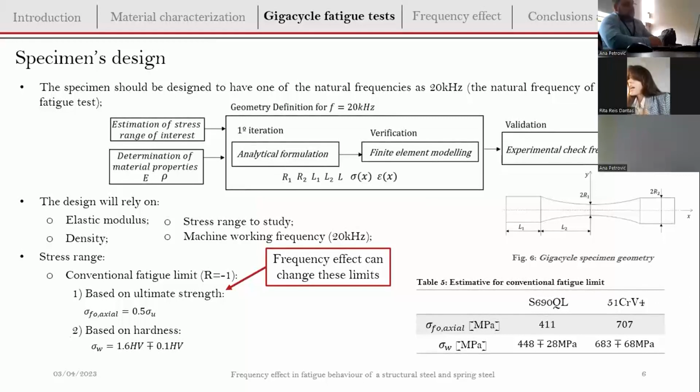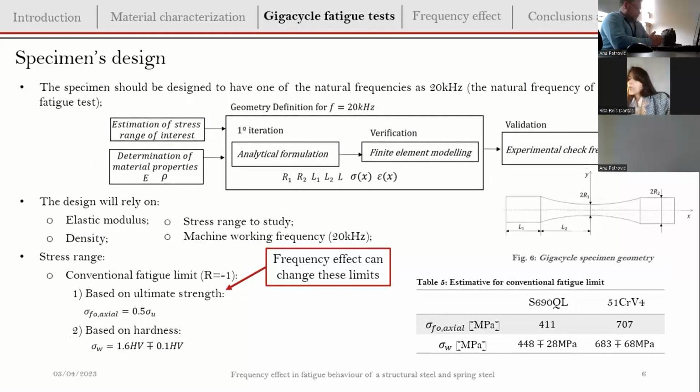So here, I will not have much time to explain this, but here you can see a scheme of the procedure that we conducted to design our specimens. We need to ensure that our specimen is going to have one of the natural frequencies as 20 kilohertz. That is the frequency of testing of our machine.